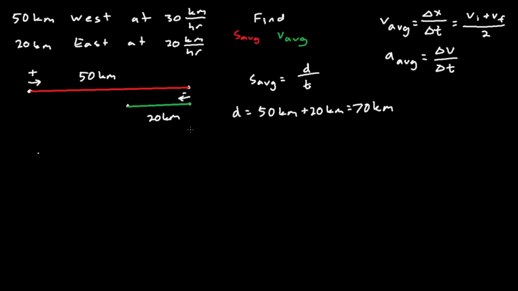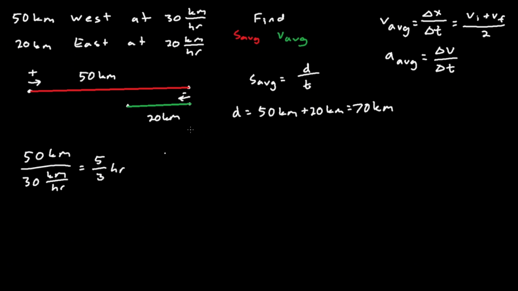And let's solve for the time now. Time is solved by dividing distance by speed. If you do this, you get 5/3 hours, which is 1 hour and 40 minutes, technically.